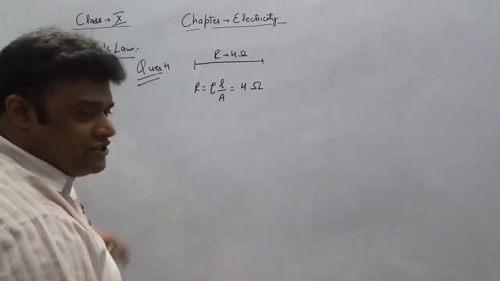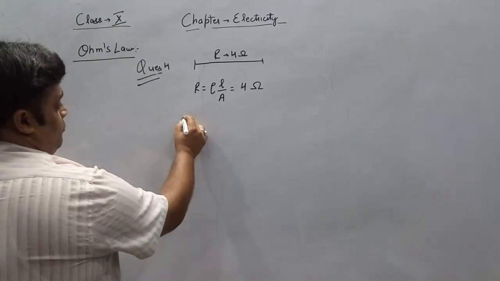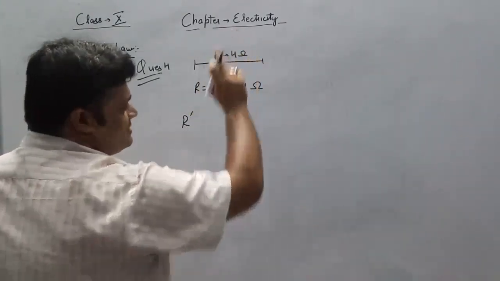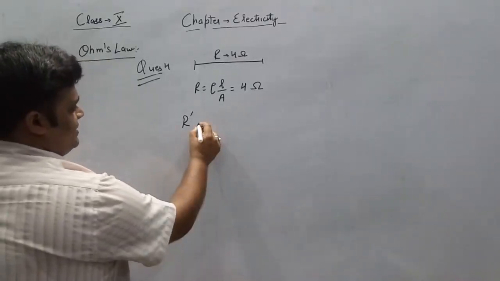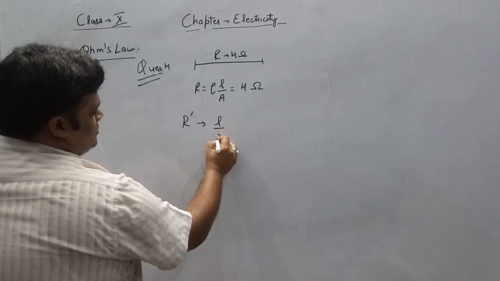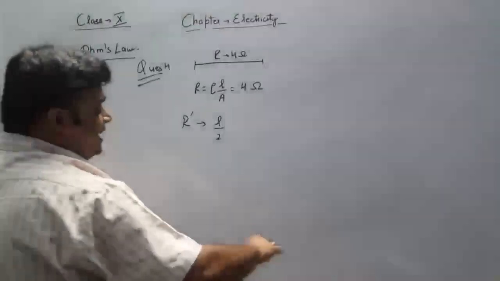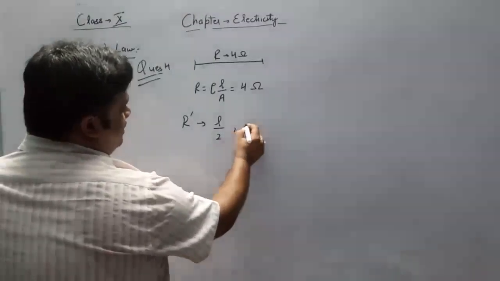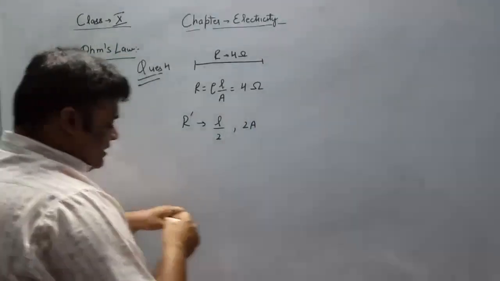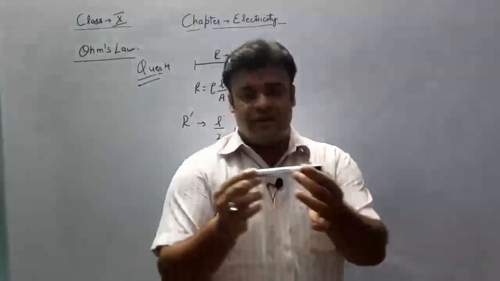Now in the next condition, we have to find the resistance of the wire if its length is doubled on itself. If it is doubled on itself, that means length will decrease by half and area of cross section will increase by 2 times. That is, a particular area of cross section of this wire is there.